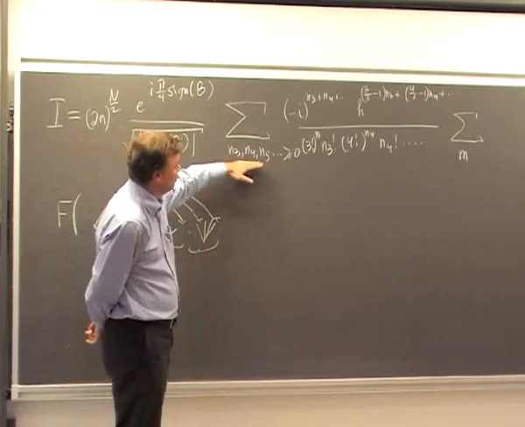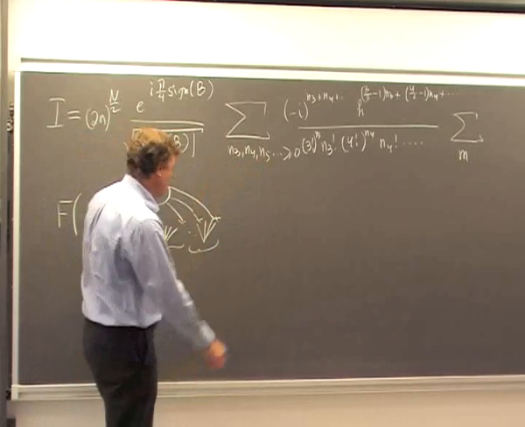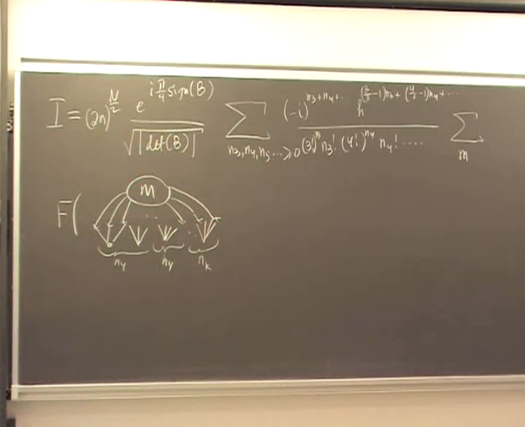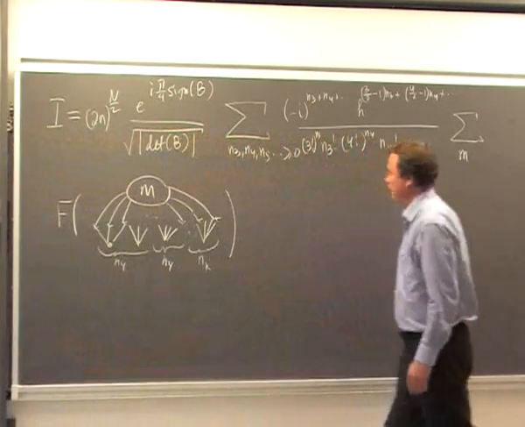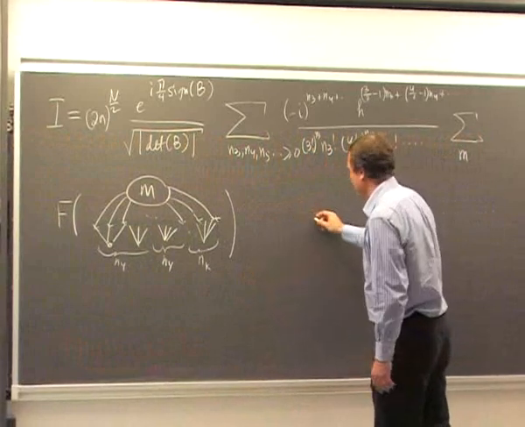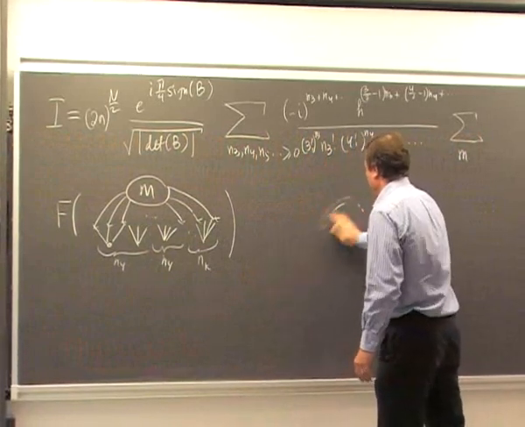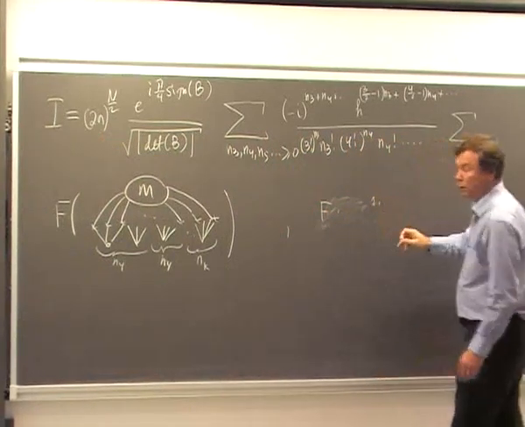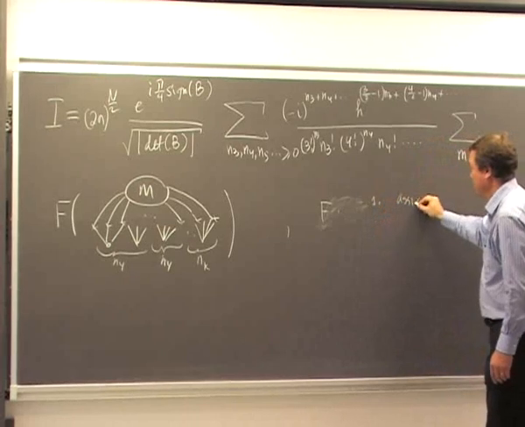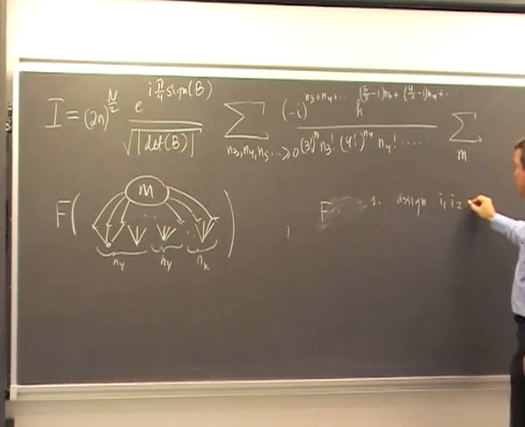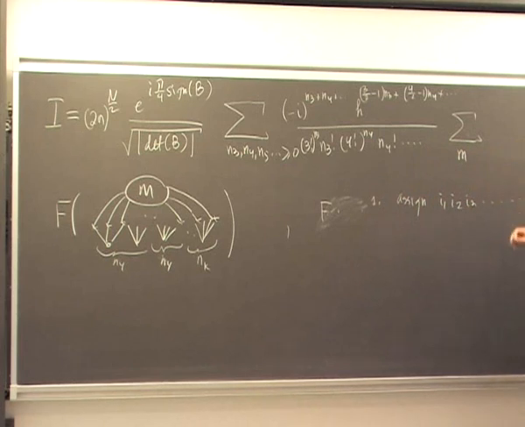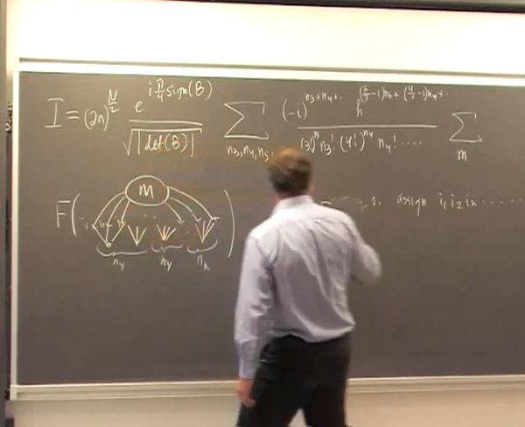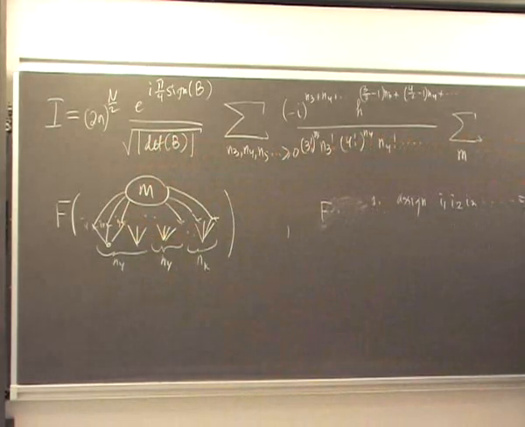it's the sum over all these finite collections of non-negative numbers. In each collection there is a last one, so there's nk of those. And then the weight is computed in such a way that f is computed in 2 steps. First you assign indices I1, I2, I3, and so on to these points. These indices go from 1 to n.